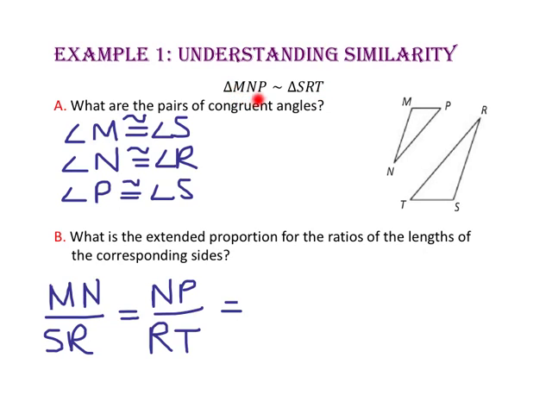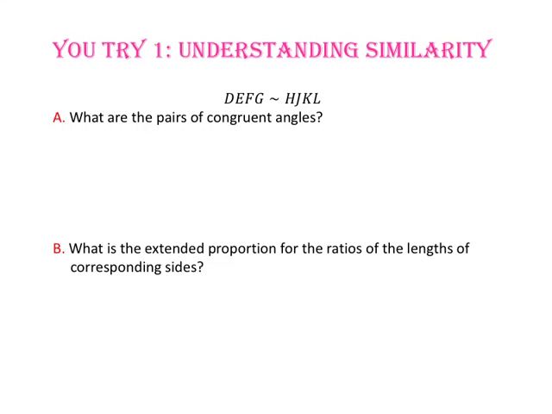And the first and last letter of each triangle name will be our third ratio, so MP and ST. So the ratio of the length of segment MN to segment SR is equal to the length of segment NP to segment RT, which is also equal to the length of segments MP and ST. Now pause the video and do your try number 1.